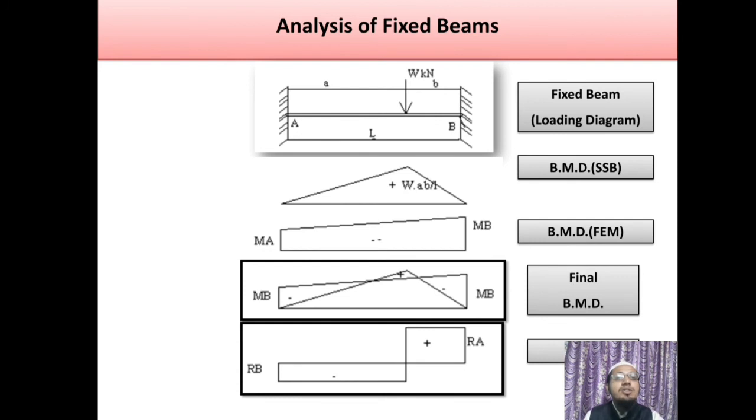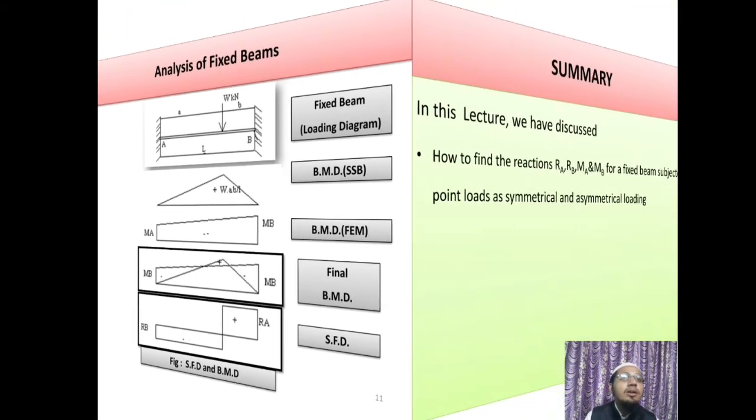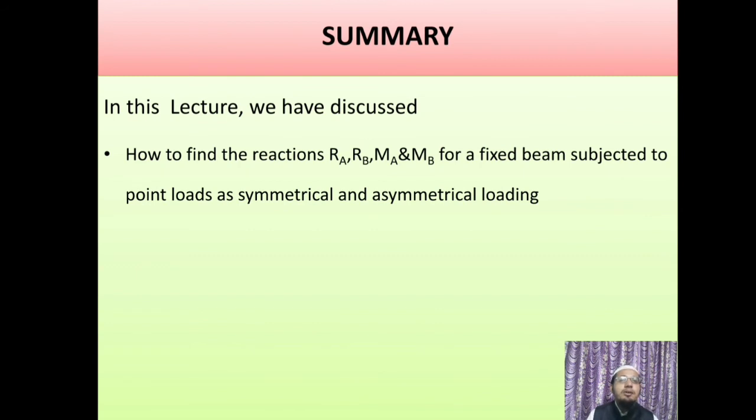So likewise we can draw the shear force and bending moment diagram for a fixed beam subjected to a concentrated or non-central point load which is at some distance from A or B. So let us summarize what we have learned in this session. In this lecture we have discussed with the help of a numerical how to analyze a fixed beam which is subjected to a central point load and a non-central point load.